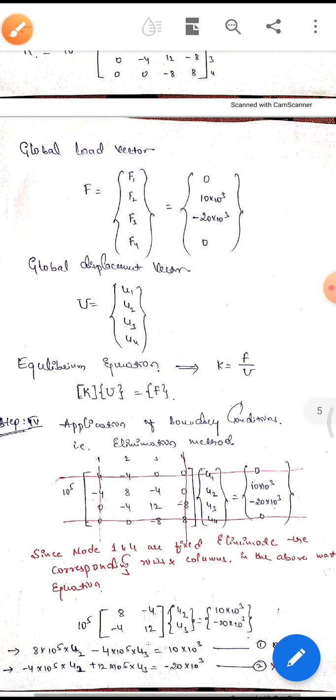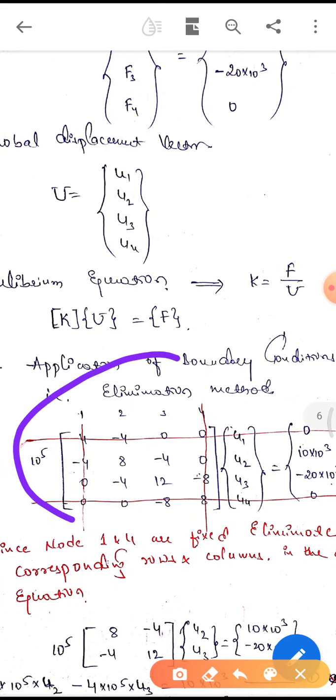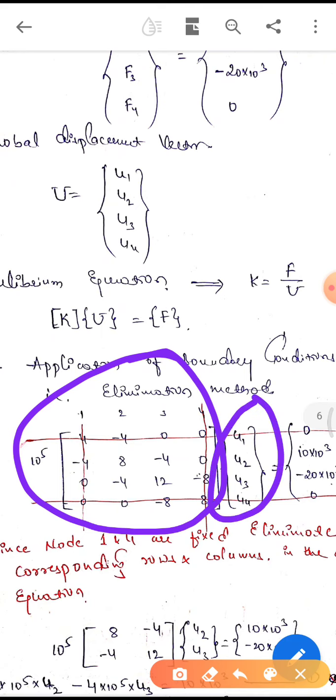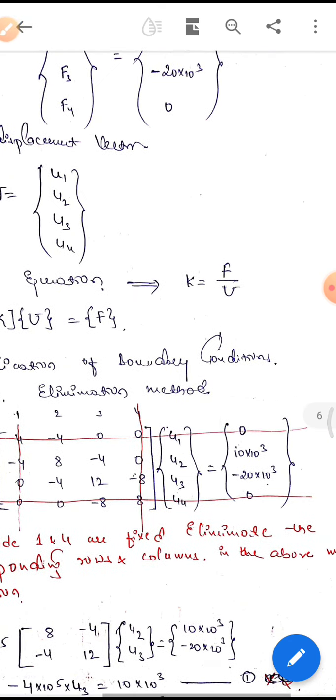That's what we have substituted here. This is our global stiffness matrix, this is our global displacement vector, and these are our global load vector. Once we have written it like this, the next thing is to apply the boundary condition.